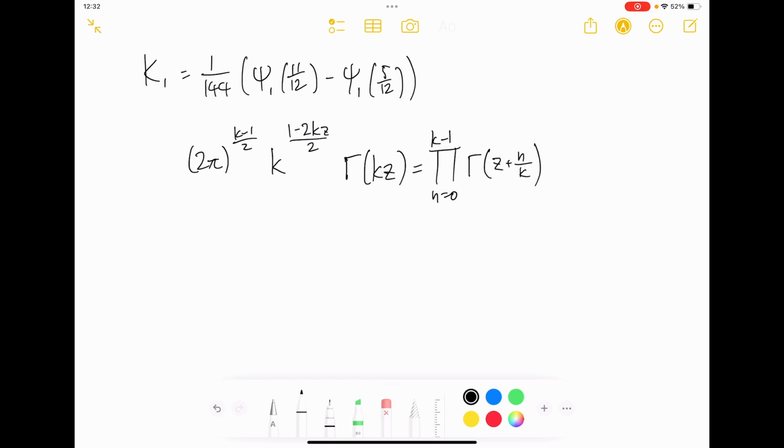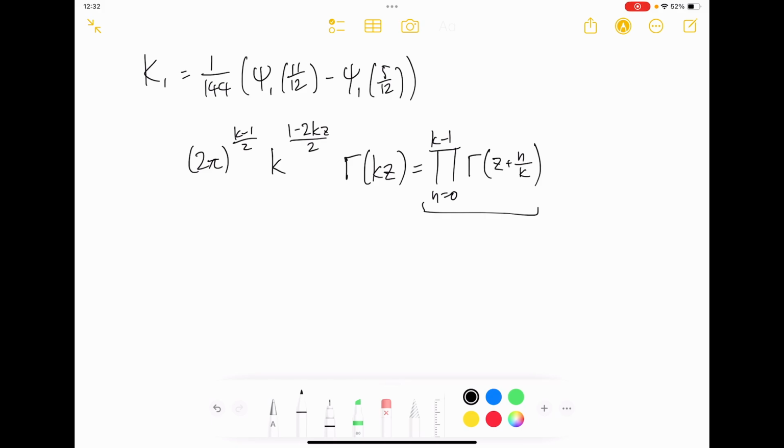Now, this might look very, very complicated, but we're going to work with it. So, this is currently the product of gamma functions. And we're going to leverage this.